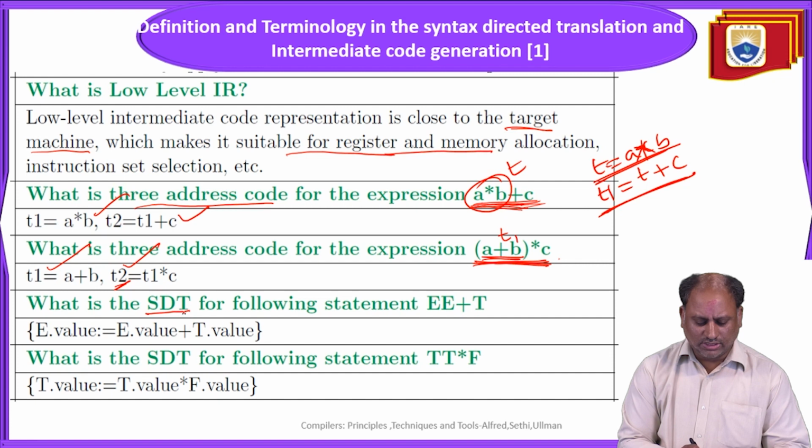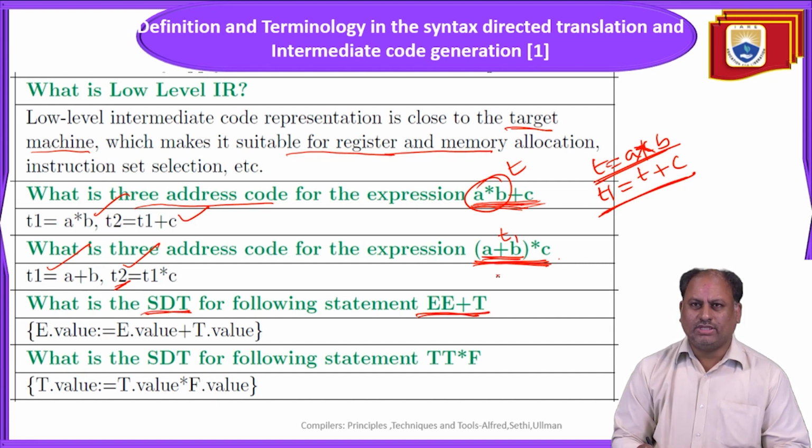What is the syntax directed translation for the statement E plus T? Here E derives E plus T. Now in this case we are going to write a syntax directed translation with the associated attribute value. So what is the value of this expression?